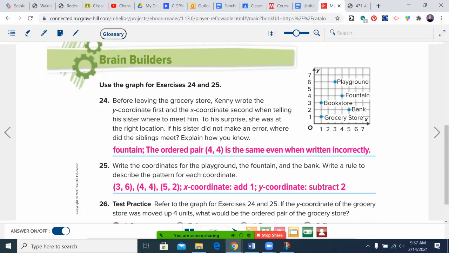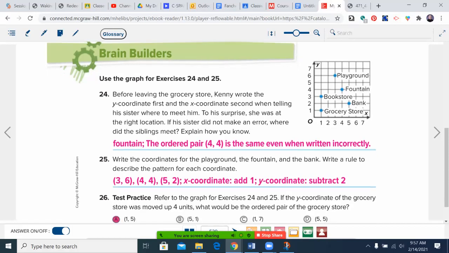Could say the grocery store is at 1, 1. The fountain is at 4, 4. But because they were leaving the grocery store, we know it couldn't be that one, so it has to be the fountain. And 4 and 4, when the X and the Y are the same, the other person may not know that you switched the order.